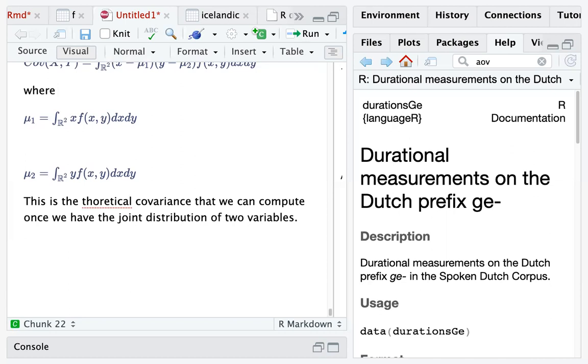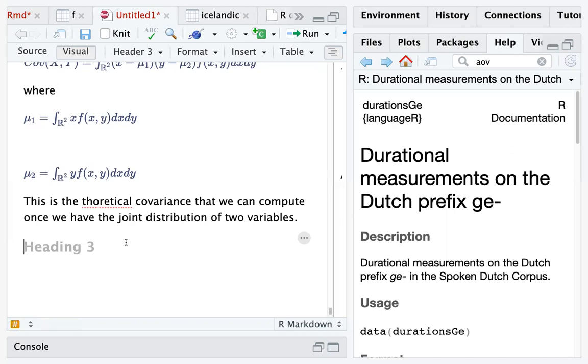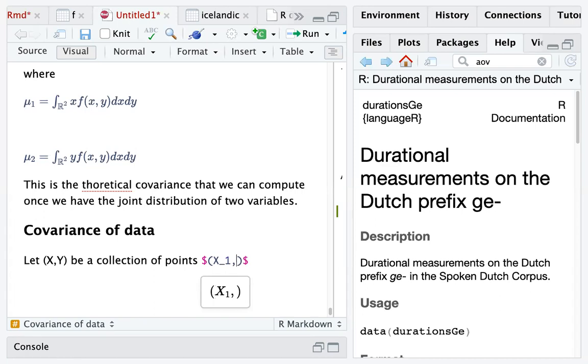Assume x and y are the following collection of points: (x1, y1), up to (xn, yn).